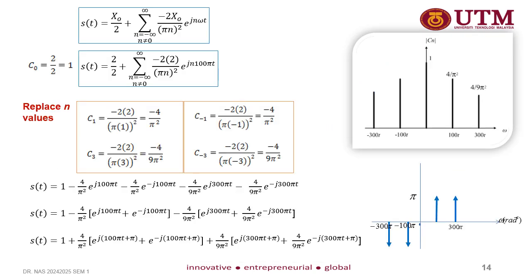From the previous slide, we know that your x0 is equal to 2 and your t0 equals 20 milliseconds, and from your calculation, omega naught equals 100 pi radians per second. So from the general equation, C0 plus the summation of Cn e^(jn omega t), you can replace your omega with 100 pi, and replace x0 with 2.